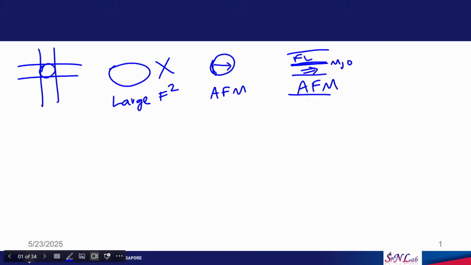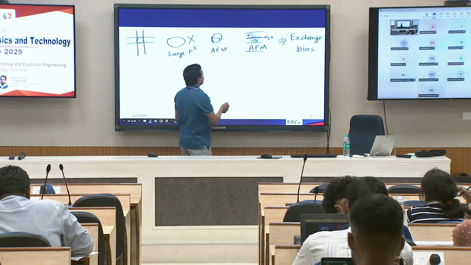Then we follow the recipe that we learnt and induce an exchange bias. So, this is the simplest configuration of in plane MRAM.